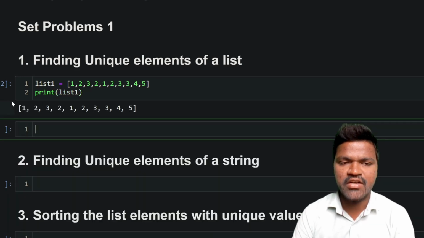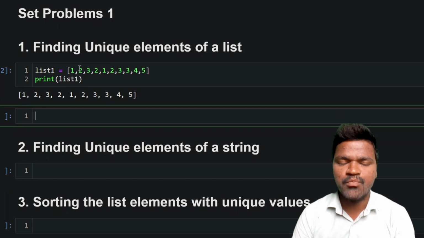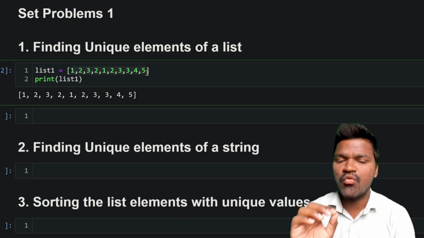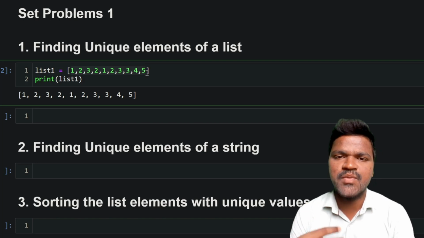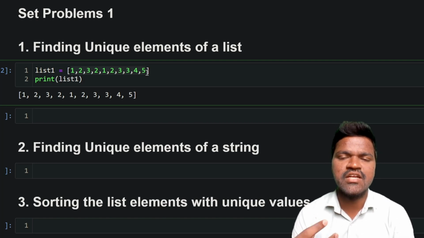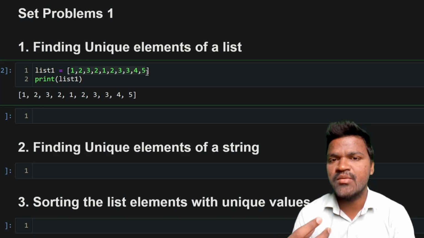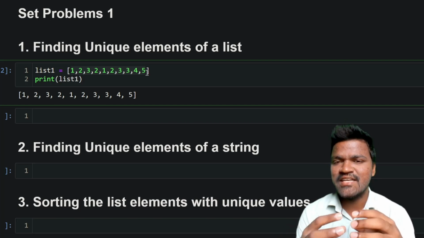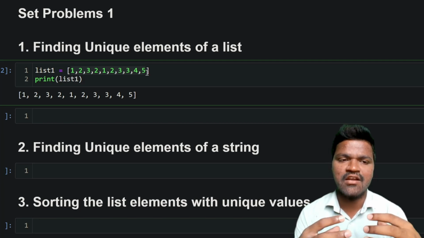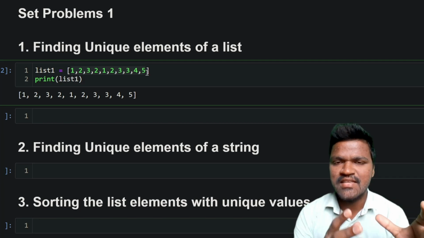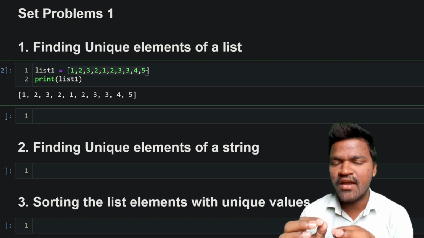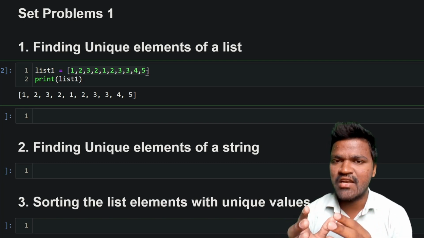After that, in order to get only the unique elements of this list, we can convert this list into a set, so that we can get all the unique elements of the list, right? Because a set does not allow duplicate values, when we typecast this list to a set, we have all the values which are unique, and duplicate values will be removed.